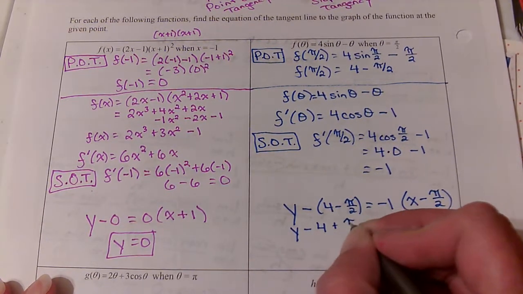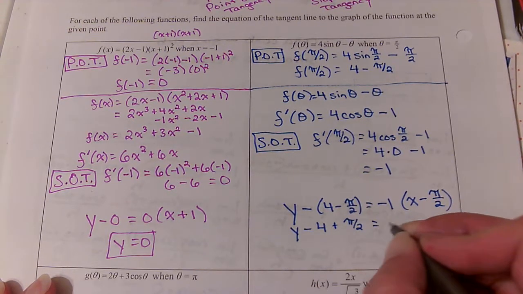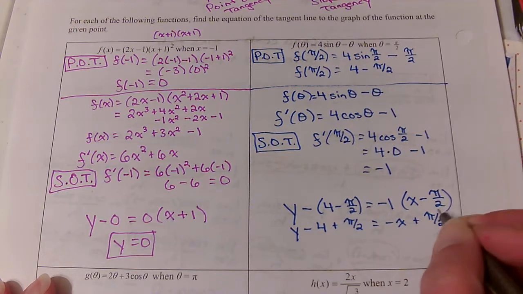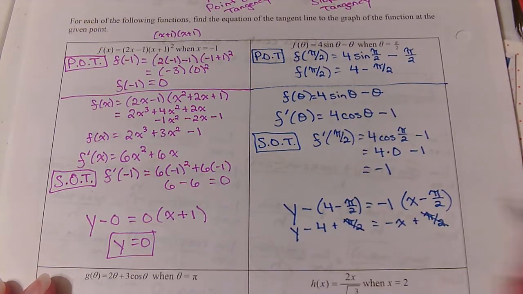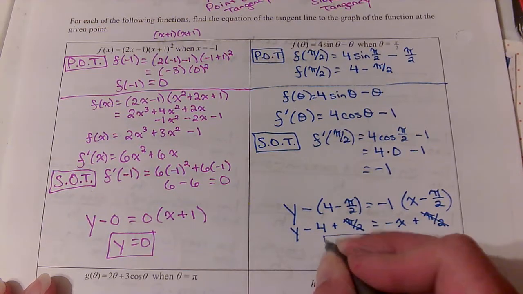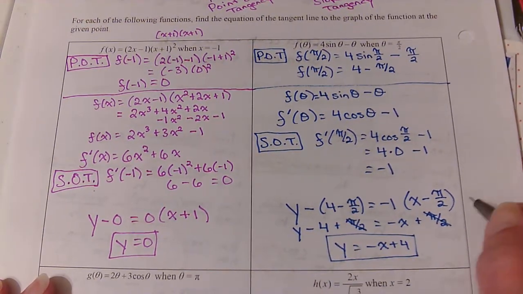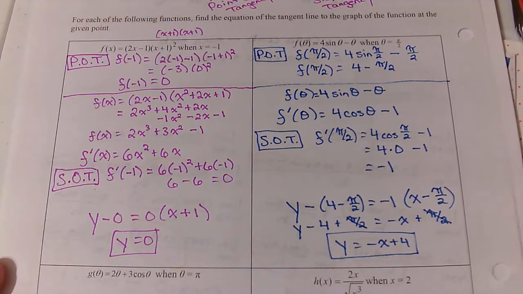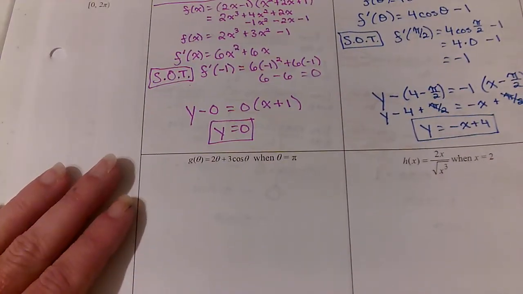That'd be plus pi over 2 equals negative x plus pi over 2. Those cancel. So you end up with y equals negative x plus 4. Now, this is correct, so you could leave it there. Next one.